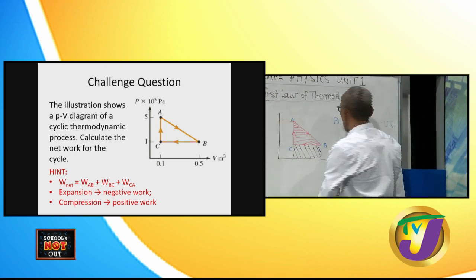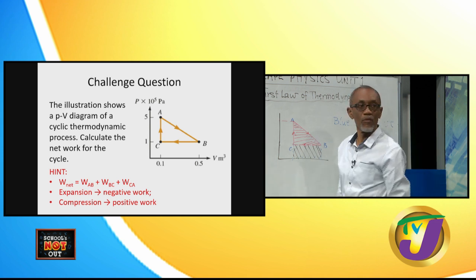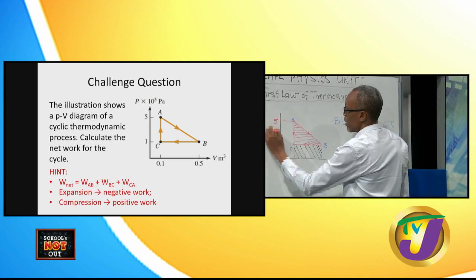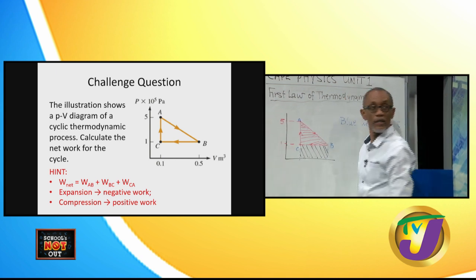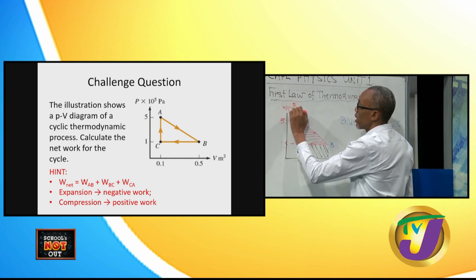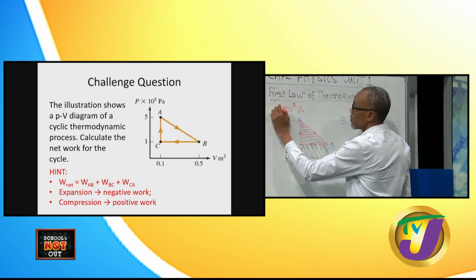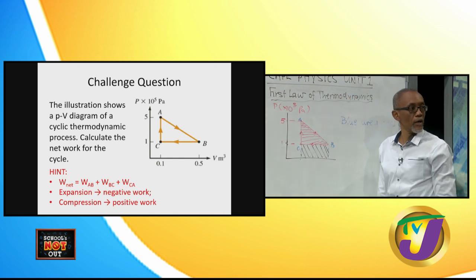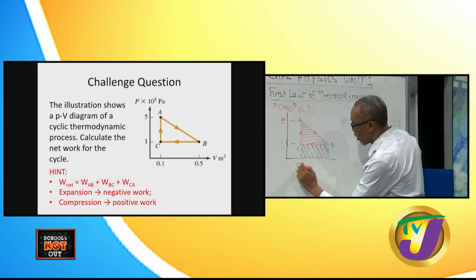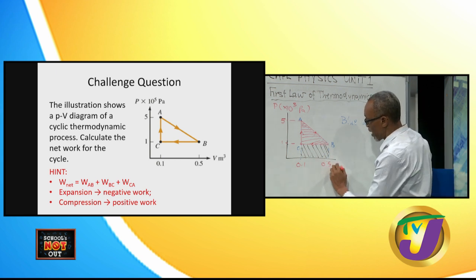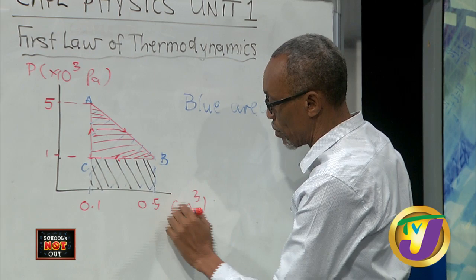And we have some values. This here is 5 units, and this here is 1 unit, and that is multiplied by 10 cubed pascals. And here, this one is 0.1 units, and this one here is 0.5, and this is in meters cubed.